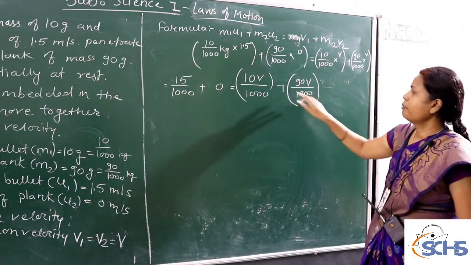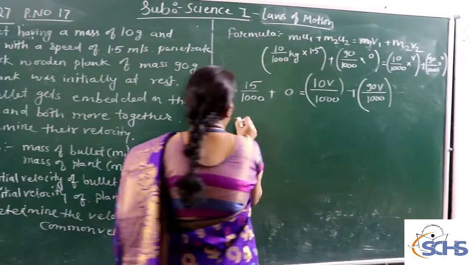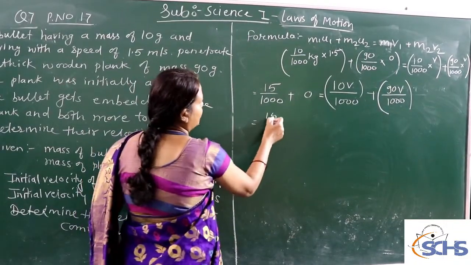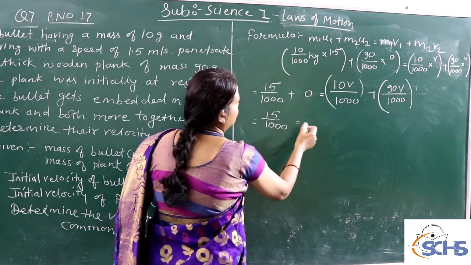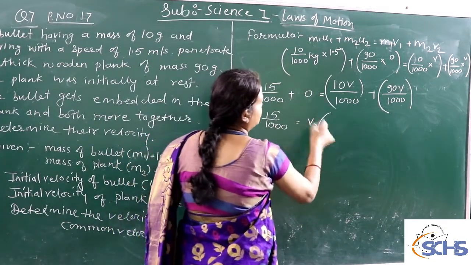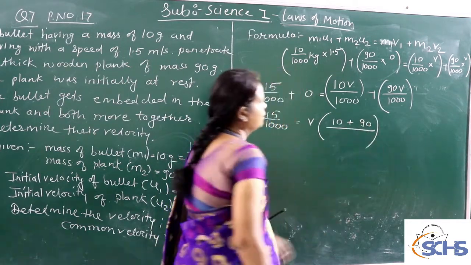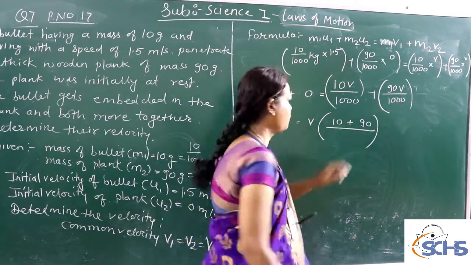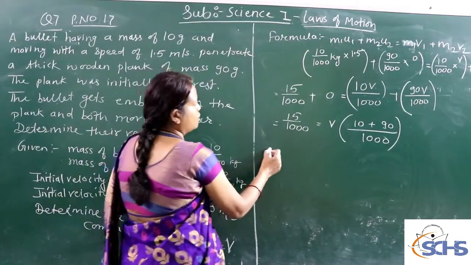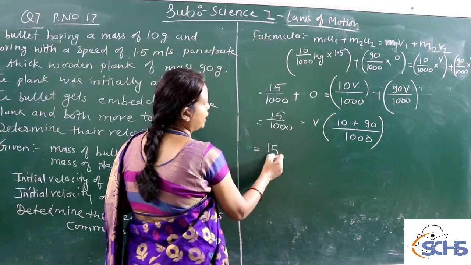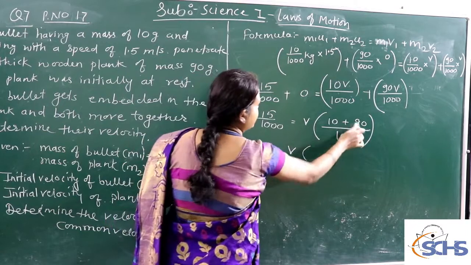In both this bracket, this v is common. Okay, so how to write? 15 upon 1000 is equal to, this v is common, so you have to write 10 plus 90, again 1000 is common. So this is 15 is equal to v, in bracket it is 100.